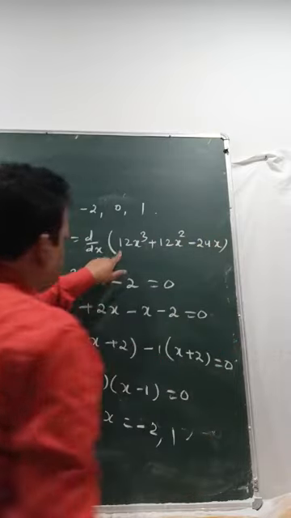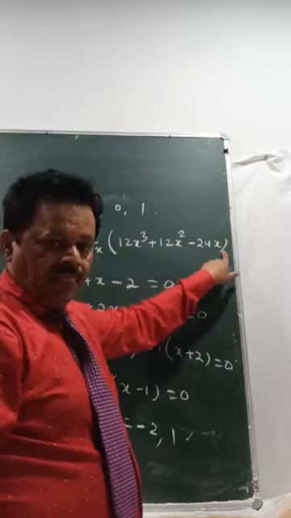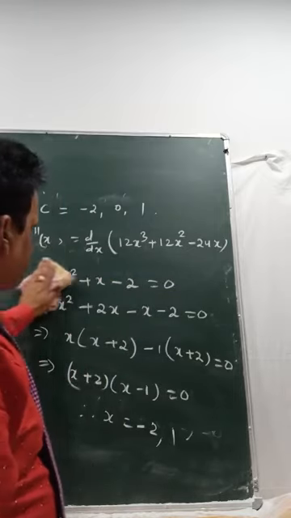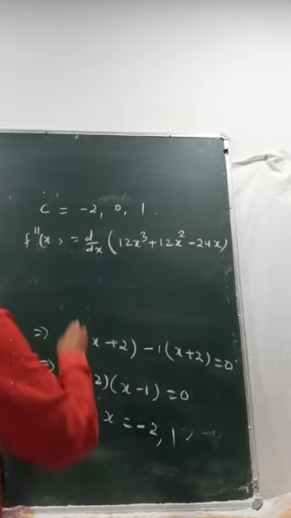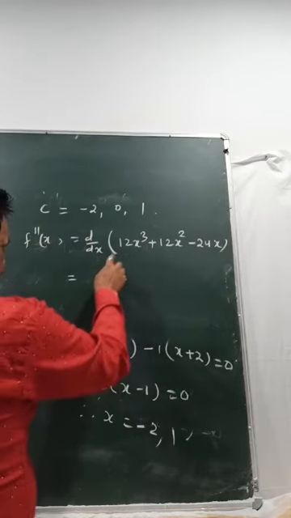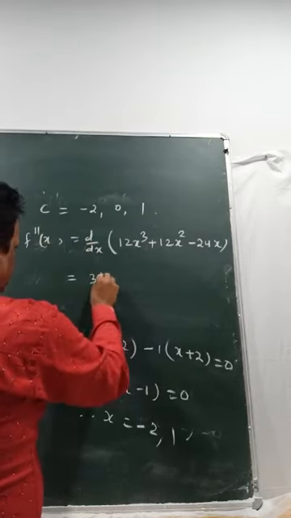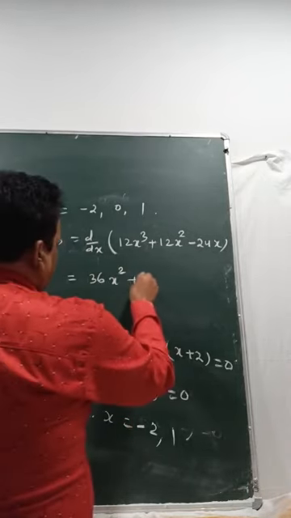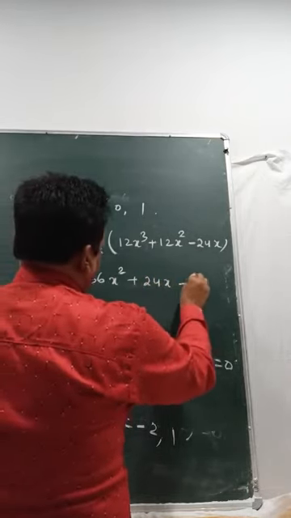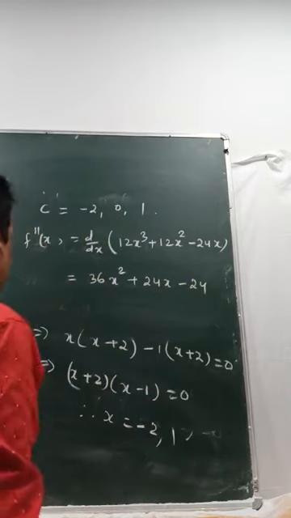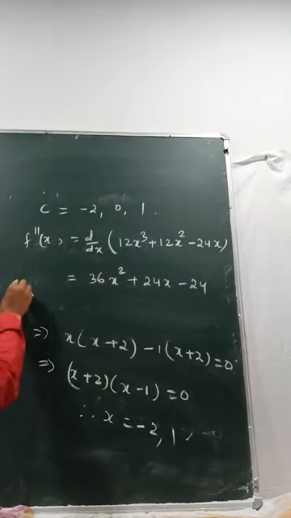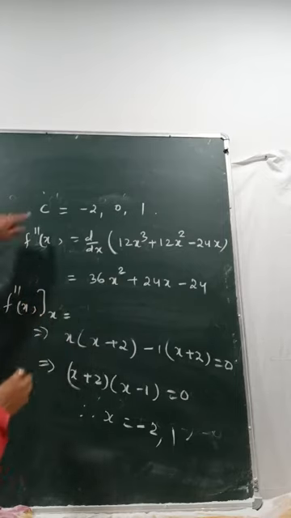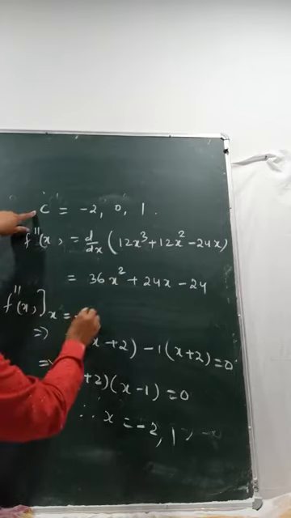So the derivative of the derivative becomes 36x square plus 24x minus 24. Now f double dash at x, meaning c, equals minus 2.